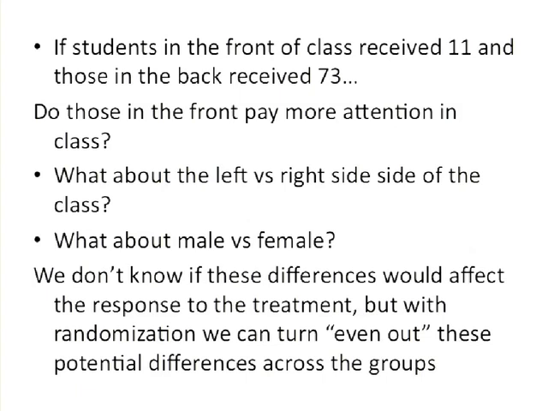I don't want to go there. What if I took the left half of the class and gave them 11 and the right half got 73? Do you think there's a difference between you guys who don't sit next to the windows or are close to the door? I don't know. Or maybe you're more likely to be left-handed than right-handed? Or does that make a difference? I don't know. What about if I'd given all the females 11 and all the males 73?